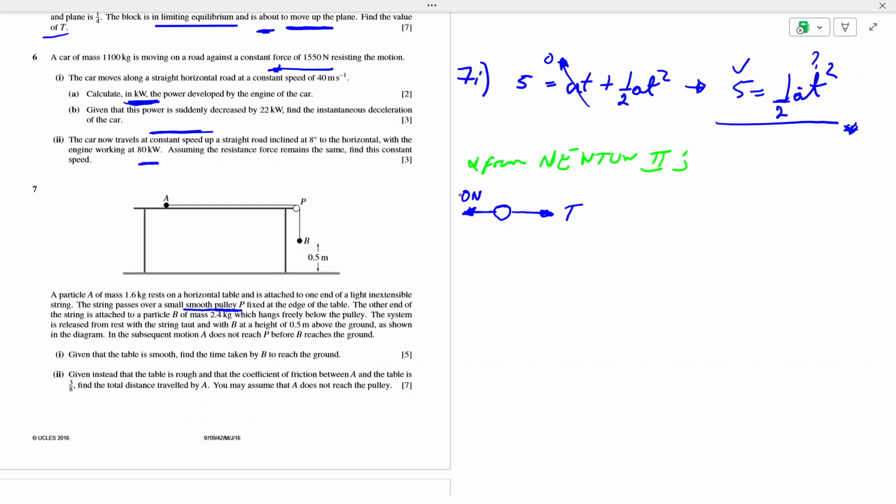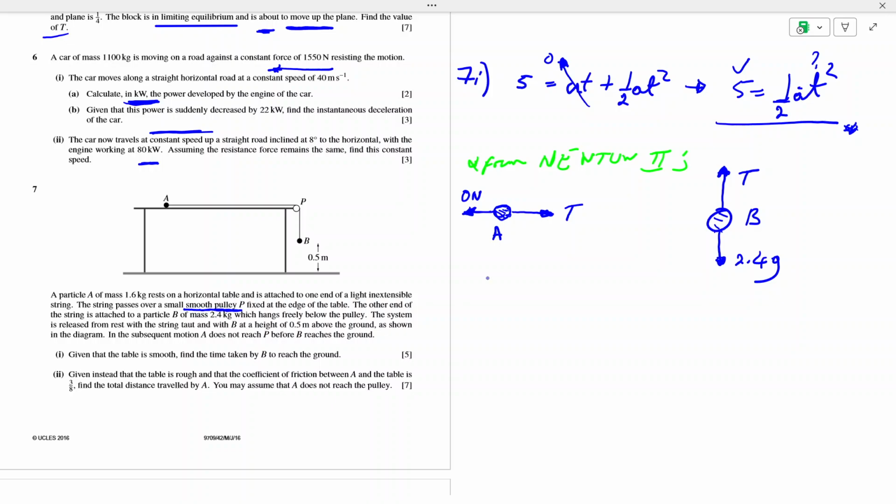Remember, it's on a smooth table, so there's no friction or any component acting against the movement of A. And particle B has the weight acting on it, which is 2.4 g, and acting up is the tension. I'm going to use these facts to calculate the acceleration, a. This is B.